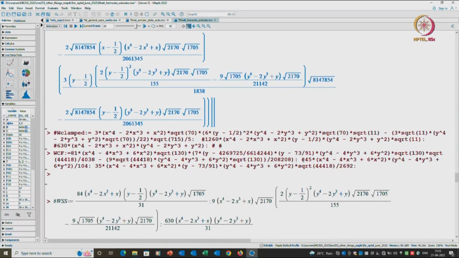So this would be a low order mode. Let me comment it.